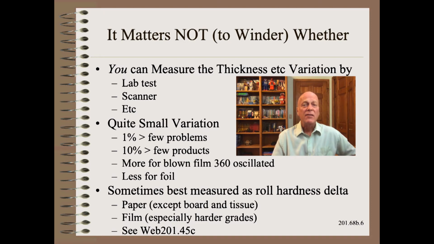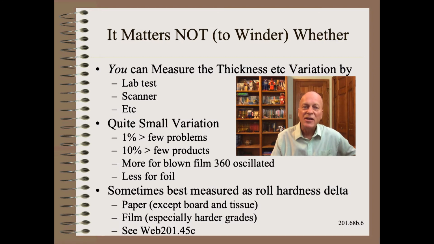The variation of thickness that caused the bagginess is quite small, perhaps in the range of 1%, where you could have few problems, to perhaps 10%, where you will have few commercially acceptable products. Yes, you can take a bit more with blown film because it's oscillated 360 degrees. Yet foil is even fussier than this 1 to 10% range.